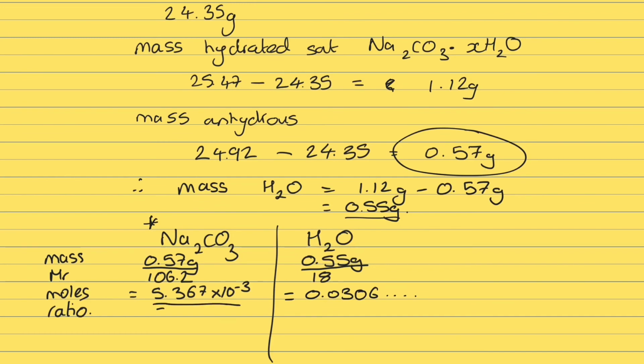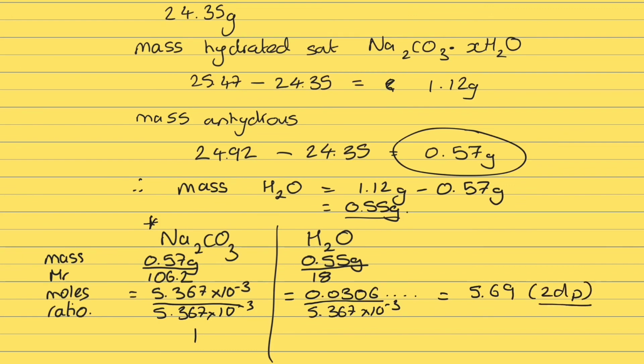So you divide that by itself, 5.367 times 10 to the minus 3, which will give you 1. And then the water, which is 0.0306, divided by 5.367 times 10 to the minus 3. Now I leave these numbers in the calculator, store them in the memory, and divide them by the full numbers, which will give you an answer of 5.69 to 2 decimal places.